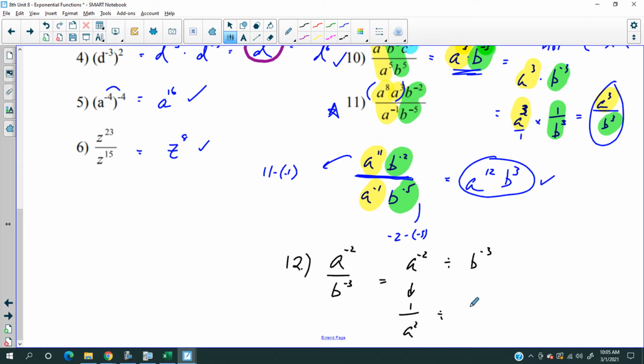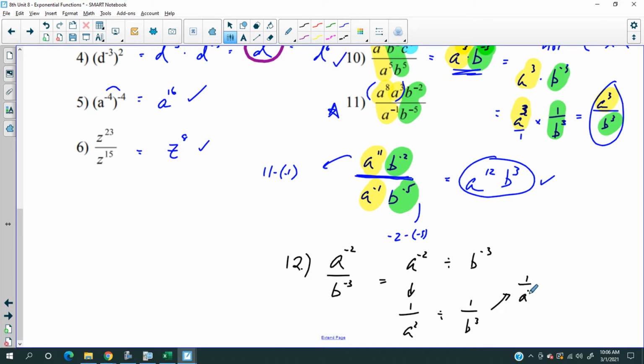So this is 1 over b to the third power. Now it looks like we're going back to 6th grade because we're dividing fractions. So watch this. What's the rule when you divide fractions?